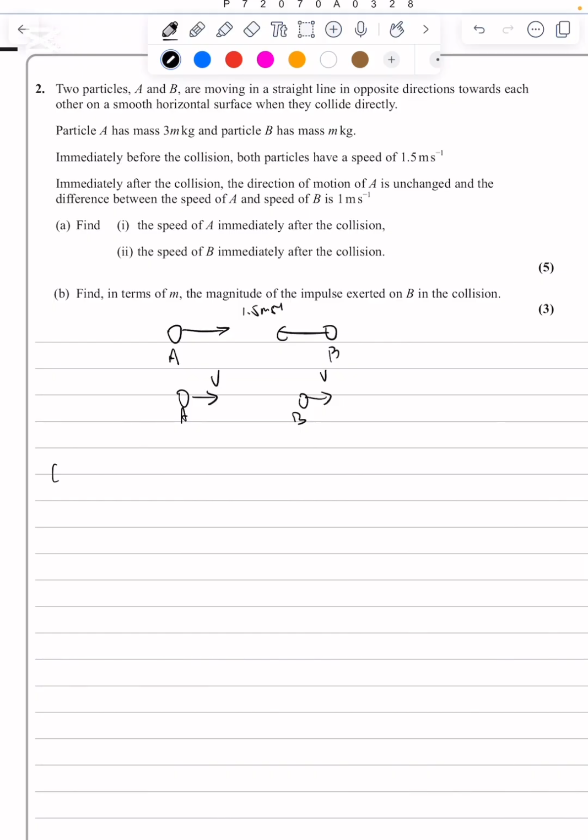This is v, and then this is v plus 1 or something. Which one is plus 1 though? This one should be plus 1, because if this is plus 1, then that means A is faster than B. Then that means A would hit B again, right? Which doesn't make sense.